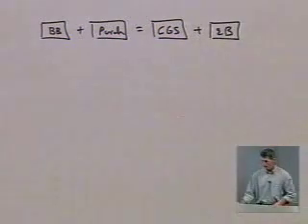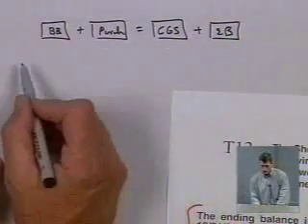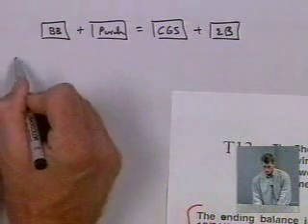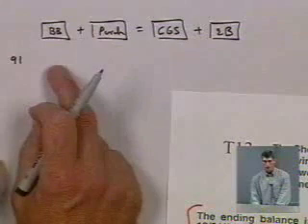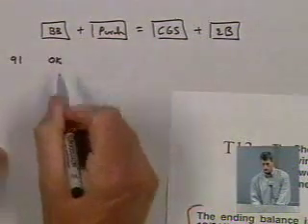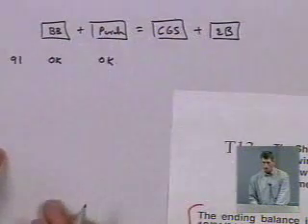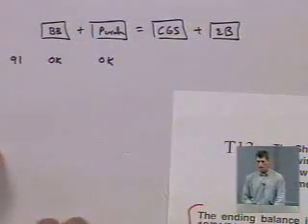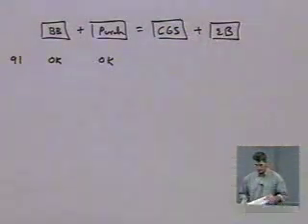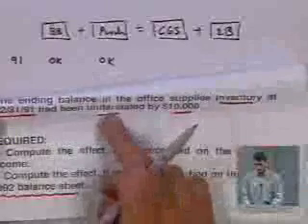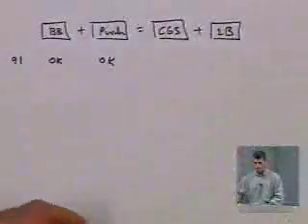Now, let's put in the basic information for 1991. What's going on? The beginning balance, as far as we know, was okay for 1991. The amount of purchases were recorded okay. But the problem was that the ending balance is understated, or too low, by $10,000.